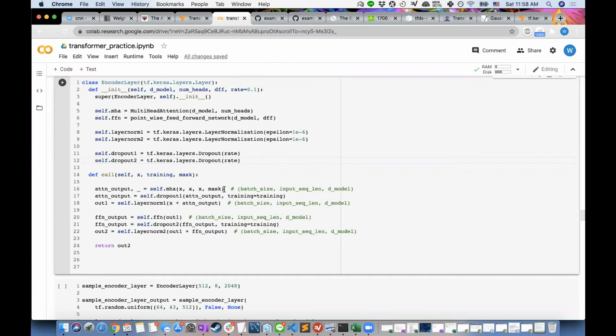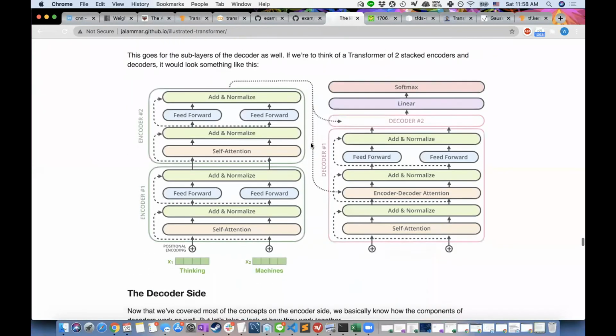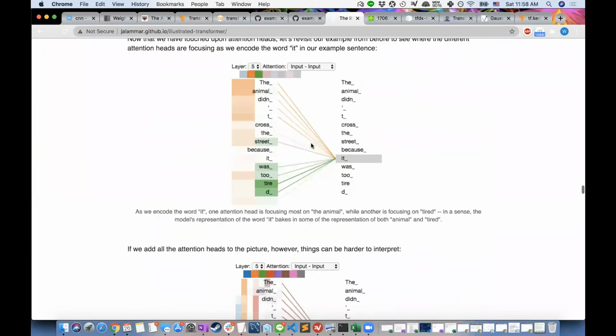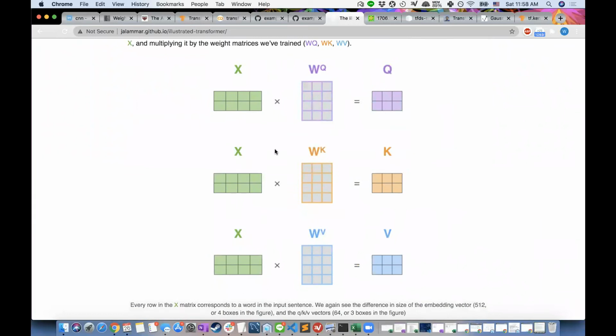Notice that the inputs are all the same for Q, K, V. Let me go back to that graph. This is all the same, actually. This is different, obviously; it's initialized differently, so your Q, K, V get calculated differently because of that.